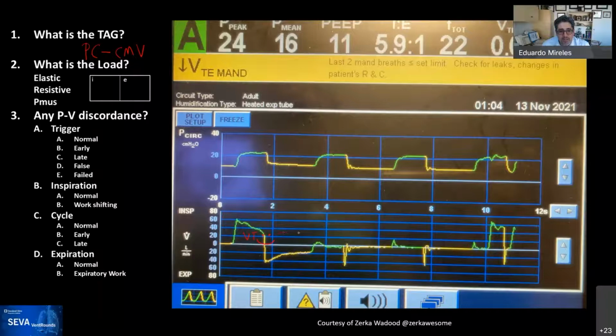So in the next breath, what would happen to the inspiratory pressure? If this was a good tidal breath, the pressure should remain the same, right? Because this one was a happy one, but this one, the tidal volume is actually very low. So sad face. So the next breath, how should the pressure be? Up or down?